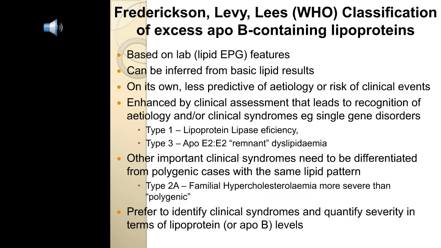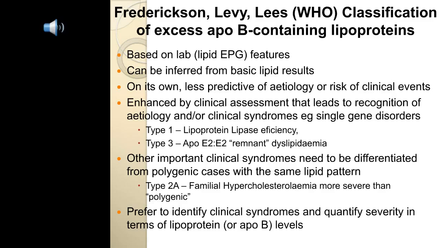The presence of a broad beta band of remnant lipoproteins would suggest that we're dealing with ApoE2 homozygosity, and so the emphasis is lying more towards the identification of these particular syndromes.